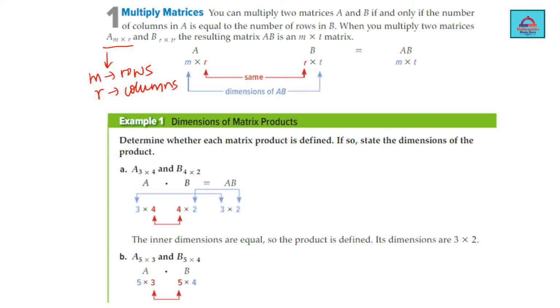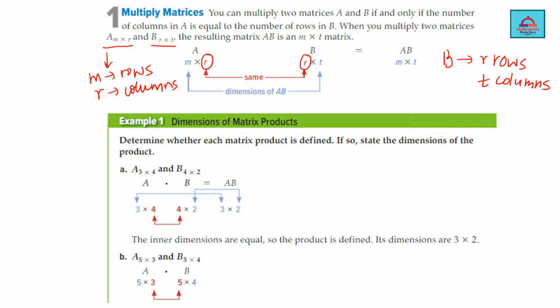And you have another matrix B which has r rows and t columns. So what you need to check first is that the number of columns in matrix A, the first matrix, and the number of rows in the second matrix are equal. They need to be same.